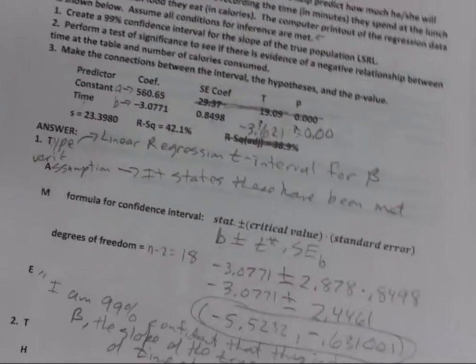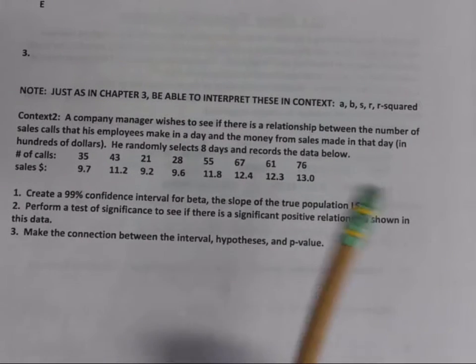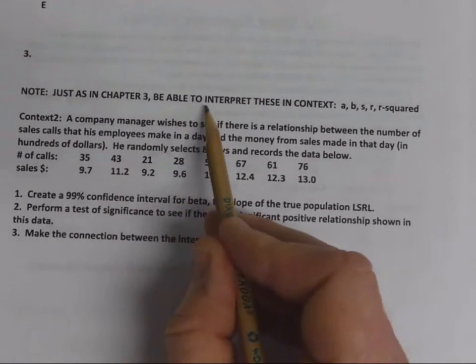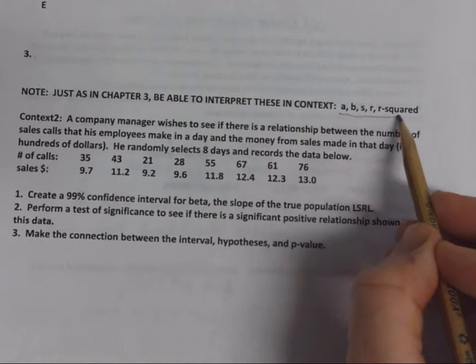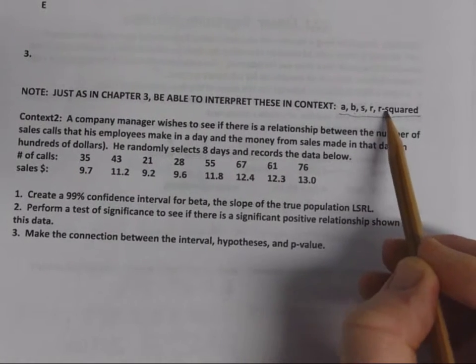Okay. Now, once again, as we have discussed in previous videos and in the classroom in regards to reviewing Chapter 3, it is very important to be able to state these things in context: the y-intercept, the slope, s, r, and r squared.